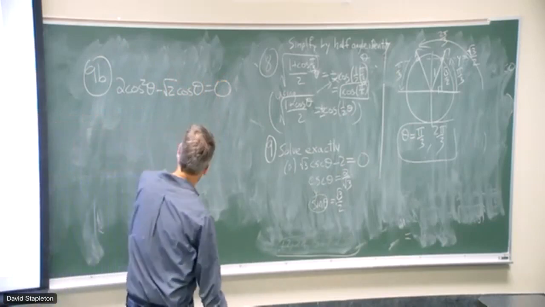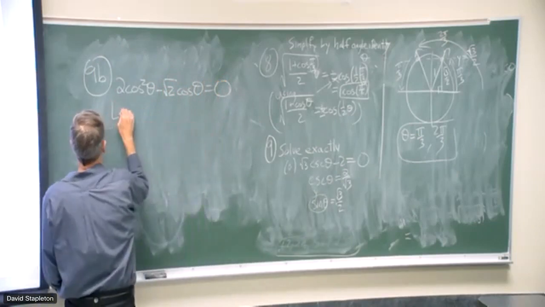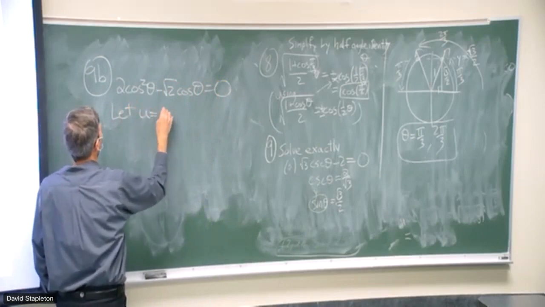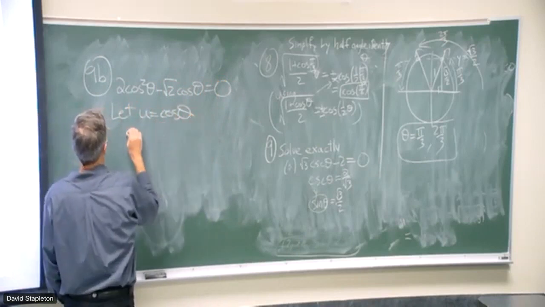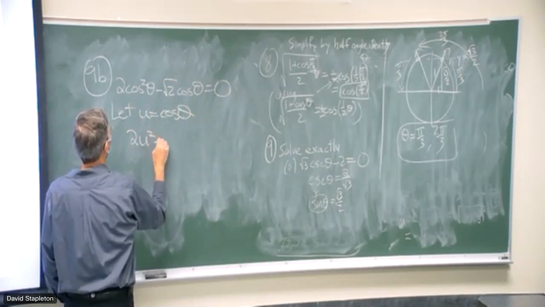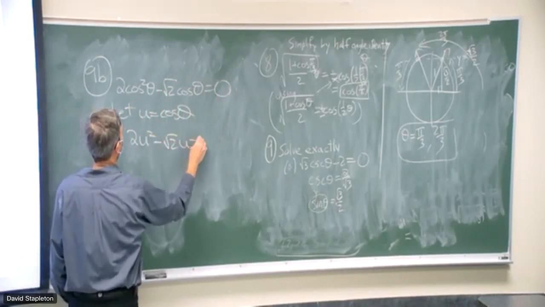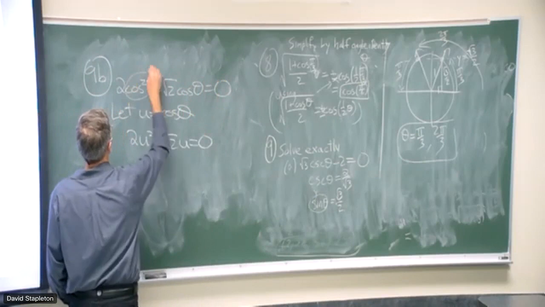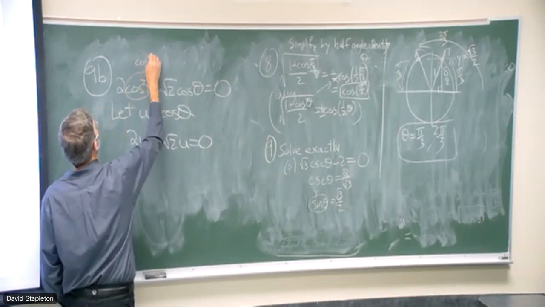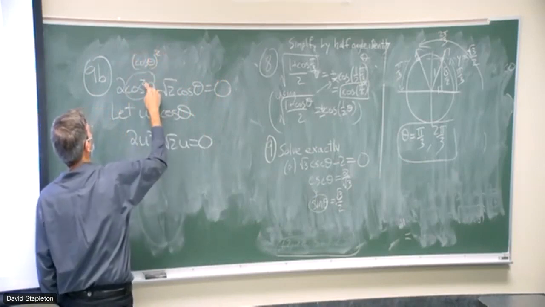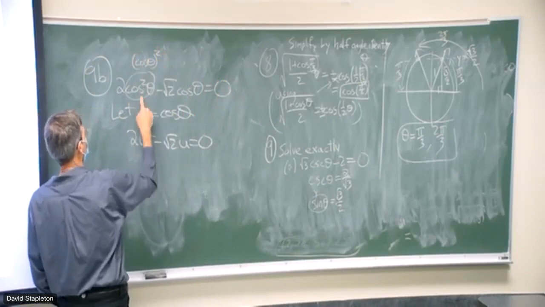I've got a cosine and a cosine squared. So the trick we learned there was we could let u equal cosine. Rewrite this as a quadratic equation: 2u squared minus square root 2 u equals 0. Because this notation means cosine theta squared. That's what the notation means. So this is u squared.